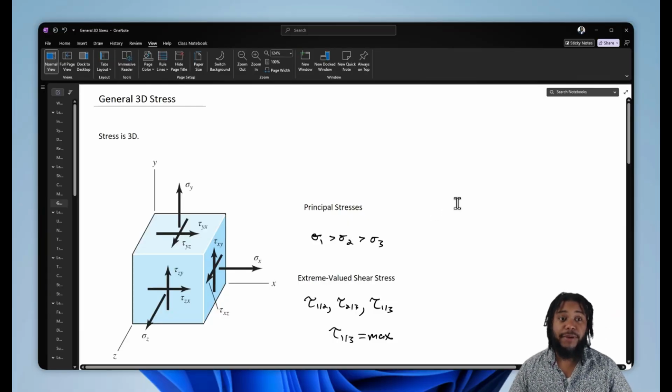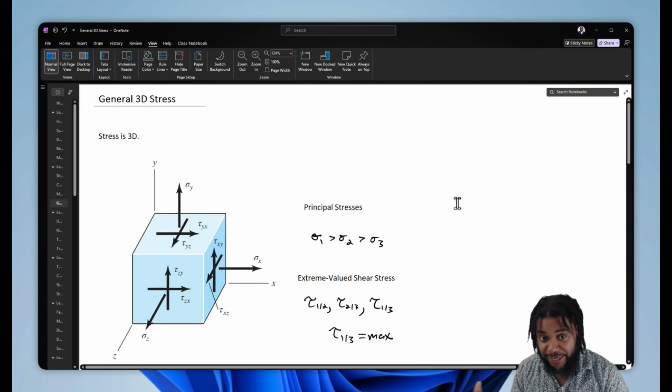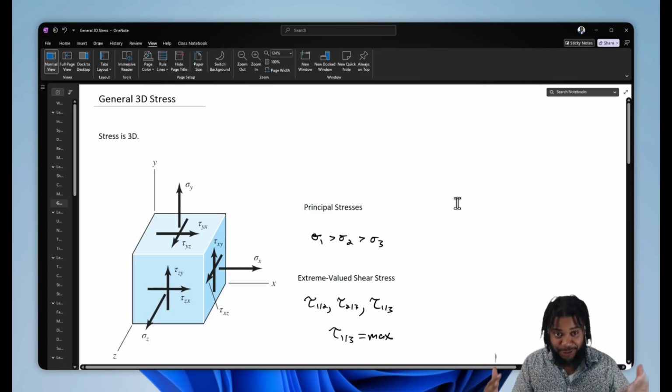So now let's talk about general 3D stress. The reality of stress is that it's in 3 dimensions. Just like the world has X, Y, and Z in space, so too does the stress that's transmitted through a body.